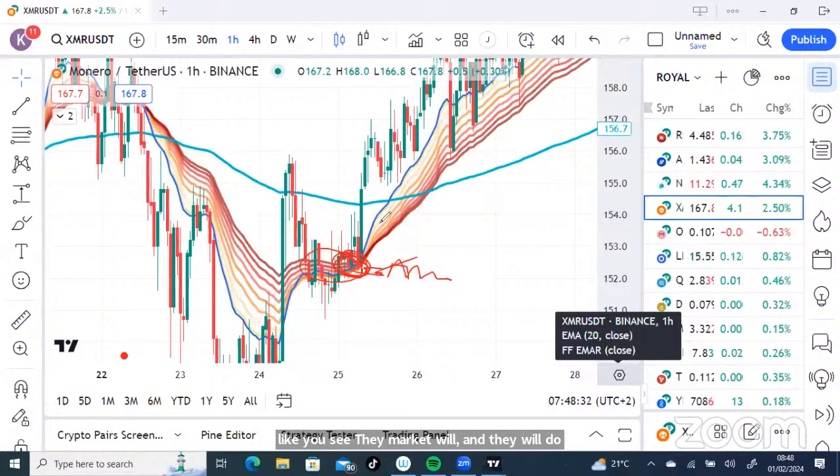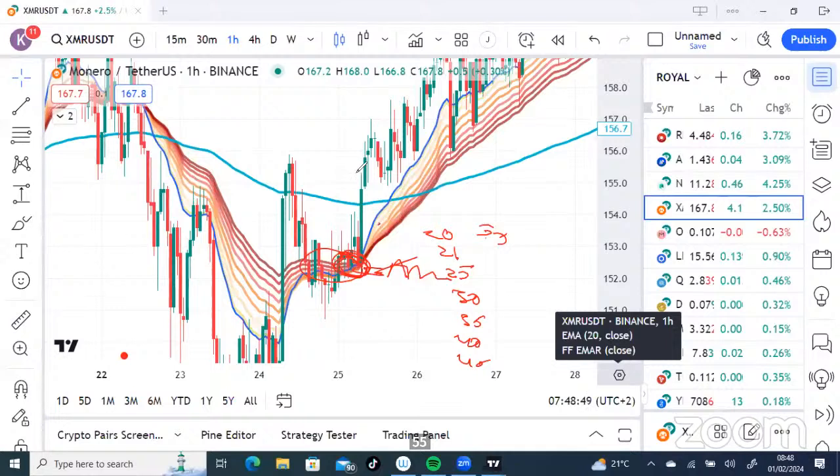This is from 20, 21, 25, 30, 35, 40, 45. It is using multiples of 5 here. 55. And when they close above the 200 moving average, this confirms in your mind that this coin now has joined the uptrend mode.